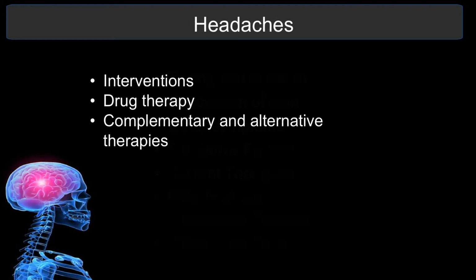One of the more important interventions for the nurse to remember is simply noticing that the patient is starting to have the symptomology associated with migraine headaches, and then being able to assess for what those symptoms mean. Drug therapy is important, remembering that new research from the 90s indicates that this is probably involving afferent nerves and could even involve the trigeminal nerve when we're talking about migraine headaches.